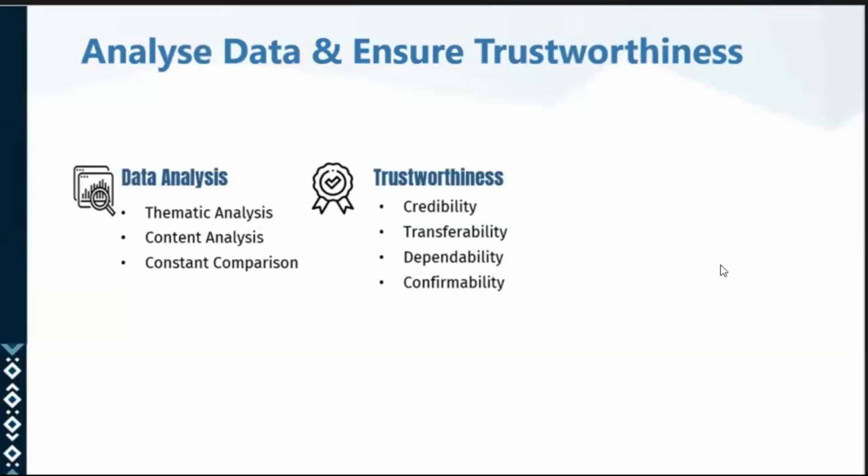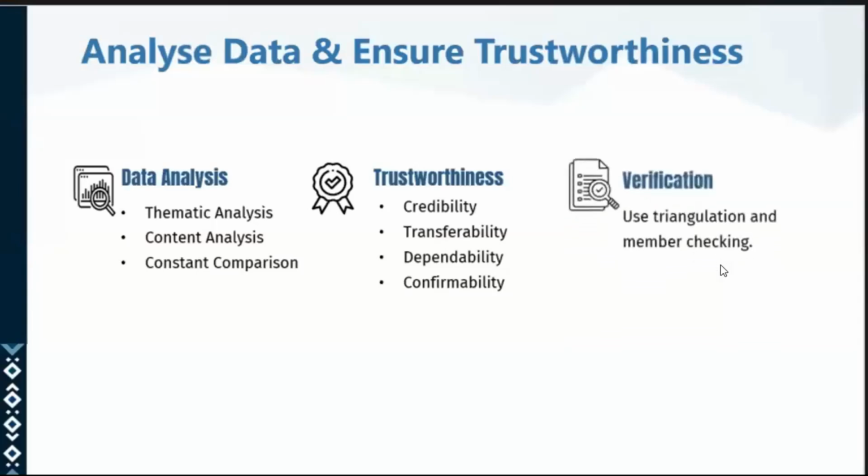So your qualitative research study, you have to make sure that it's credible, transferable, dependable, and confirmable. So in order to verify your data analysis, you have to use triangulation and member checking, like we said. You use other tools or other resources to make sure that what you have collected is not based on your own perspective or your own beliefs.